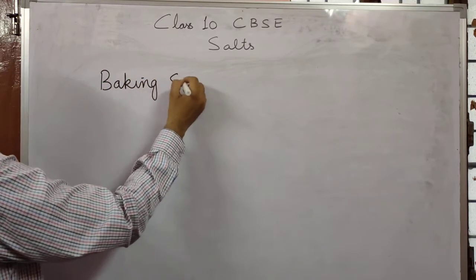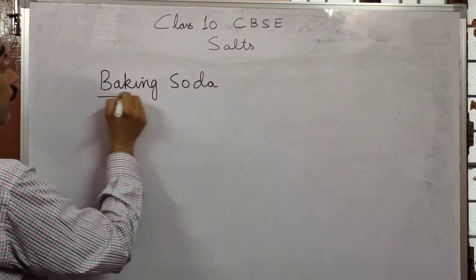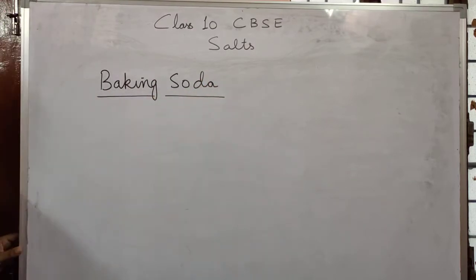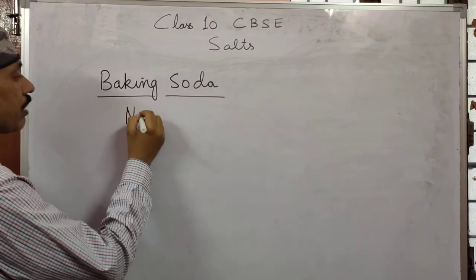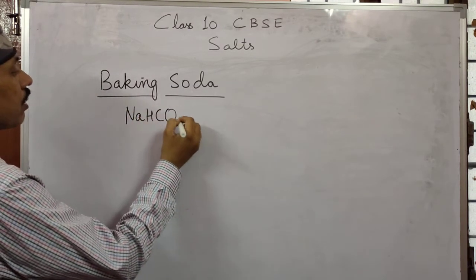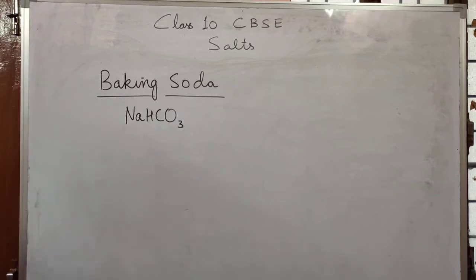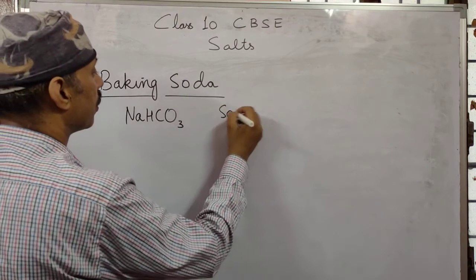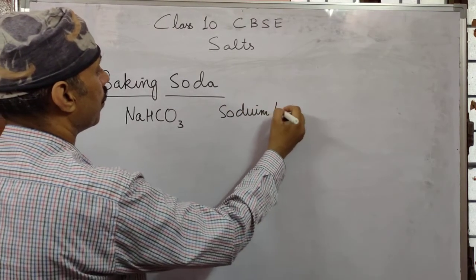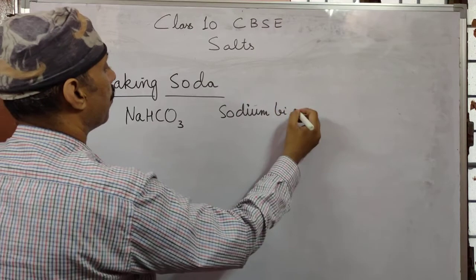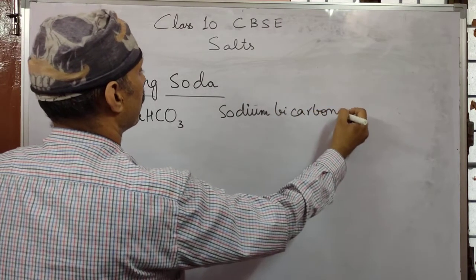we need to understand baking soda. What is baking soda? Now you see children, the formula of baking soda is NaHCO3. If I say NaHCO3, of course the modern name is sodium bicarbonate.